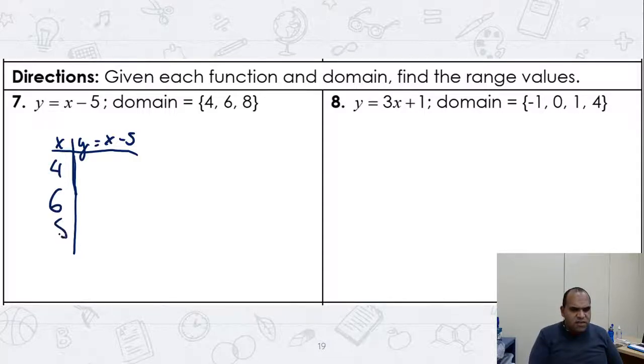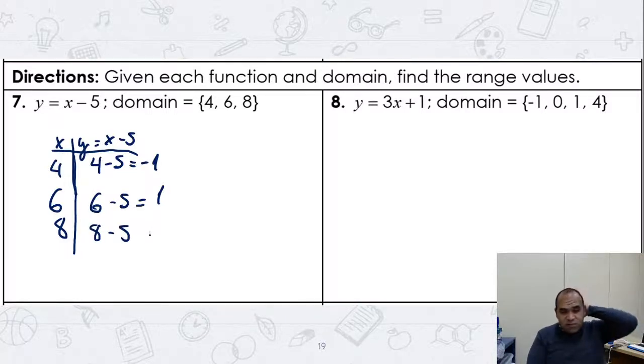In the place of x, I write 4. 4 minus 5 is negative 1. This one here is 6 minus 5, it is 1 positive. 8 minus 5, it is 3 positive. Done. Negative 1, 1, and 3.